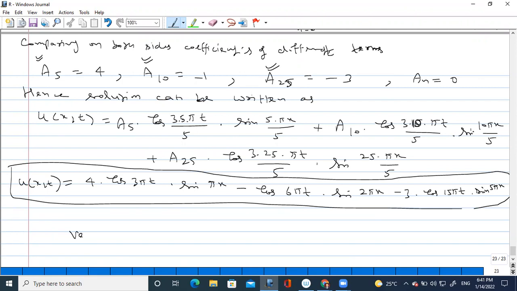And verify this. This is your homework. Verify this by D'Alembert's formula. If you are not able to verify, please tell me. I will send you the verification. Okay.